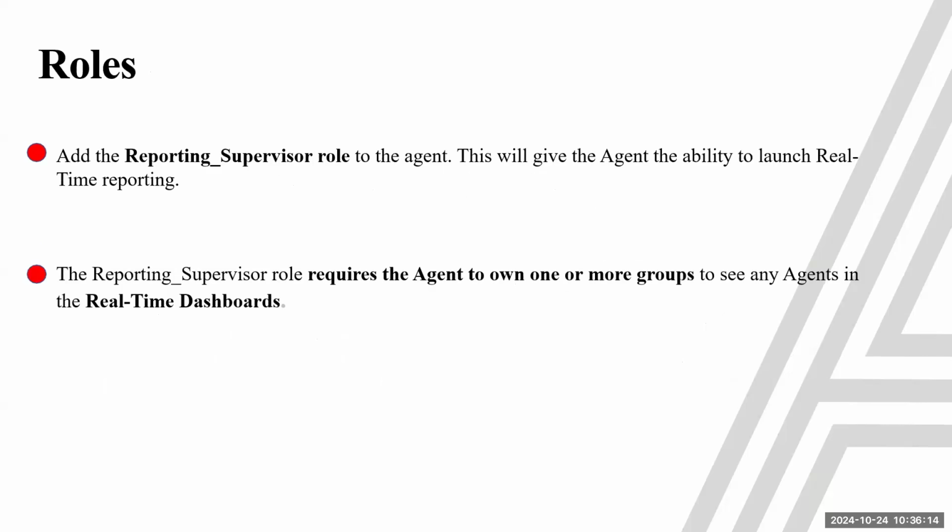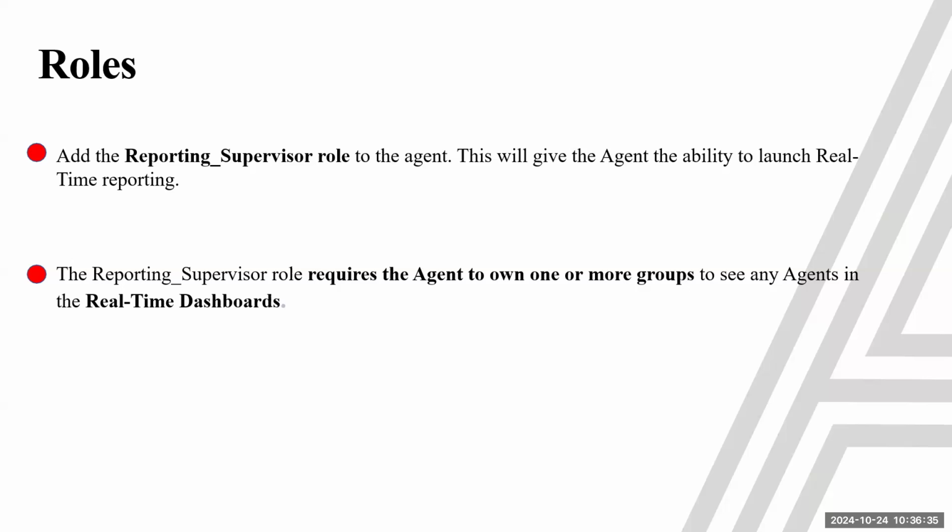So once we assign, sorry about that, I didn't pass the slide. Whenever we assign that role to the agent, we're going to allow that user to see other users' information.